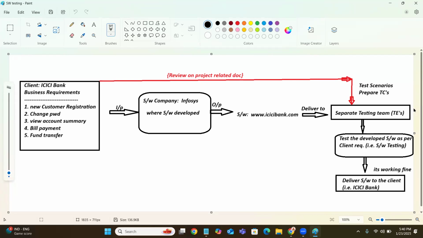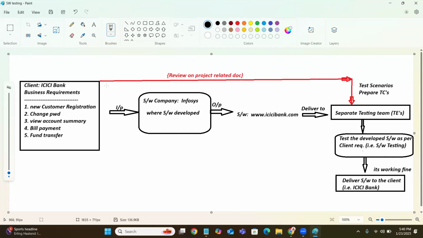This testing team is going to test the software, but to test it, they have to know the client requirements, for which they review project related documents.